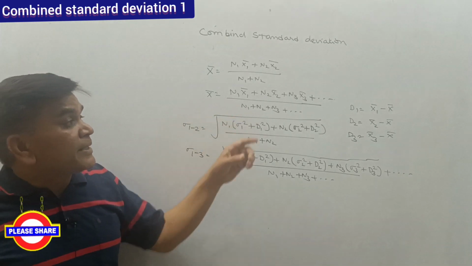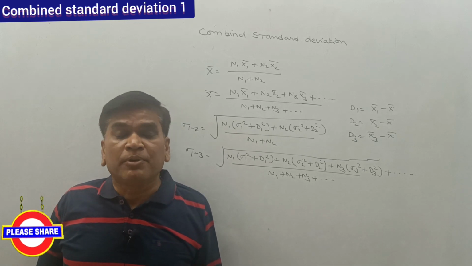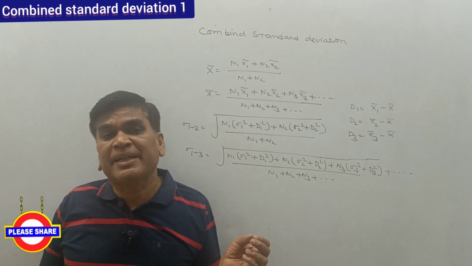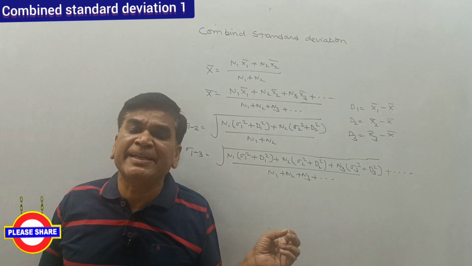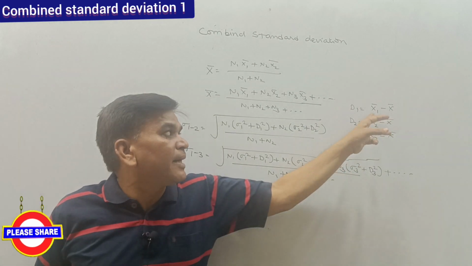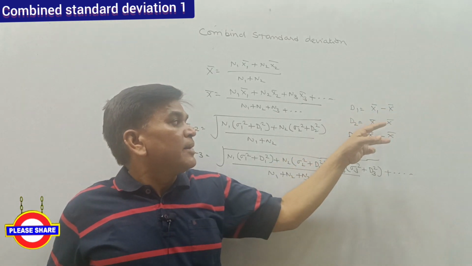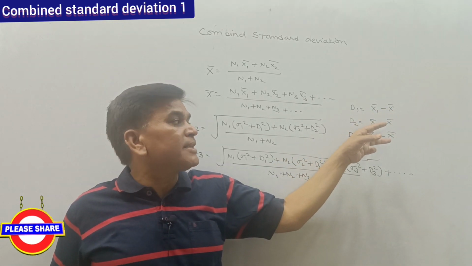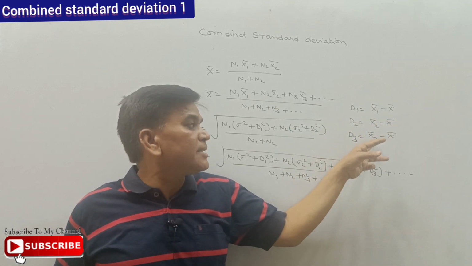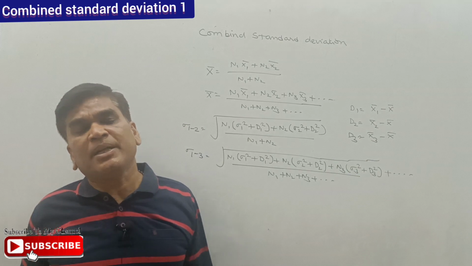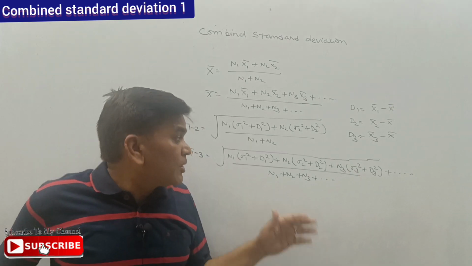Then we get the values of d1, d2, d3. For that, we take the arithmetic mean of the first series minus the combined arithmetic mean, the arithmetic mean of the second series minus the combined arithmetic mean, and the third series mean minus the combined arithmetic mean. Then we get the values of d1, d2, d3. So it's very simple.